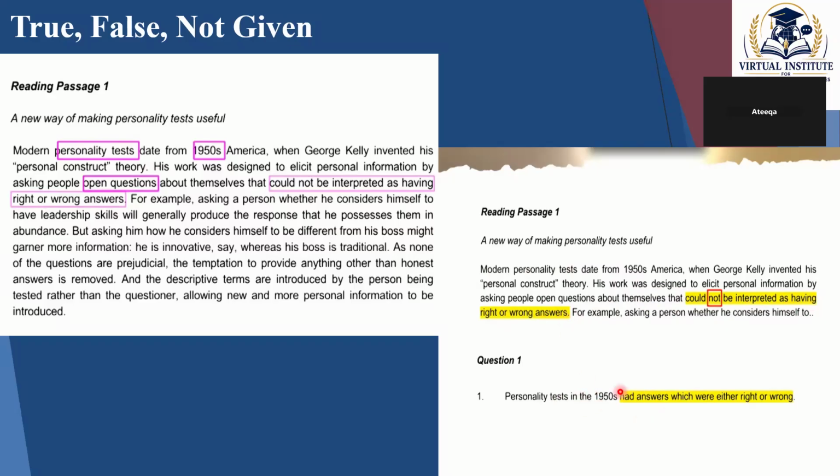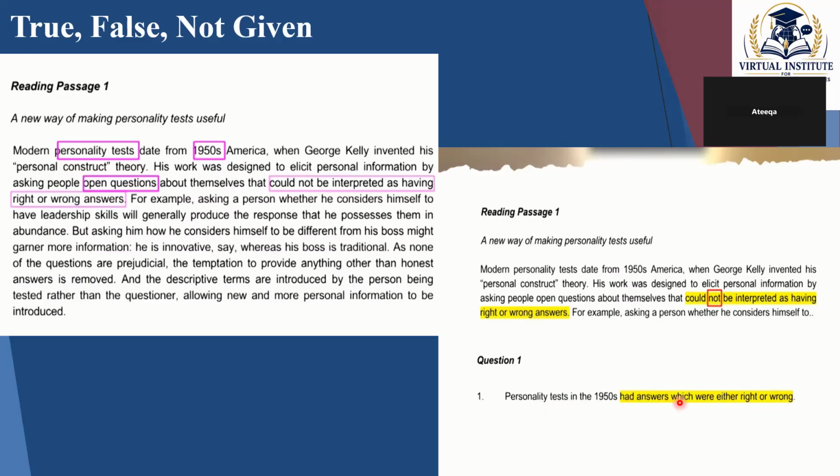So now tell me whether this statement is true, false, or not given. What do you think? Is this statement true? Is it false, or is it not given? Could you please answer it? You can see it here.